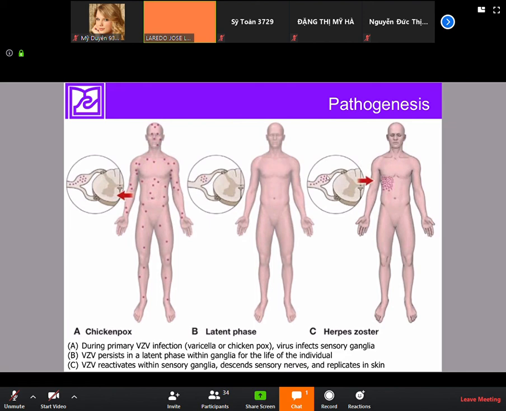So when the virus reactivates later, the virus can only affect and cause disease in places where antibodies are not found. So the virus can only cause disease in the dermatome of the affected nerve.